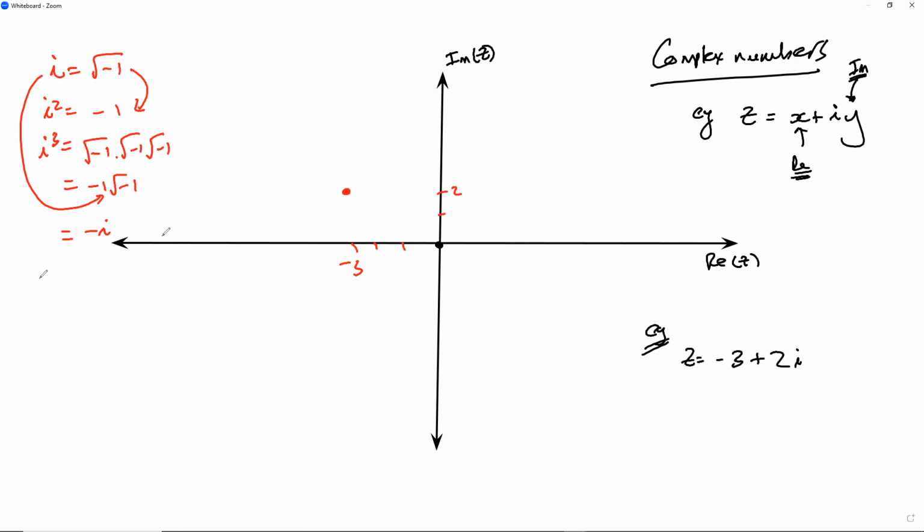And if we look at another example of imaginary numbers, if I've got the square root of -16, I can actually find this using an imaginary number. So if i is equal to the square root of -1, then the square root of -16 is equal to the square root of 16 times the square root of -1, which will equal the square root of 16 times i, which will get me 4i.